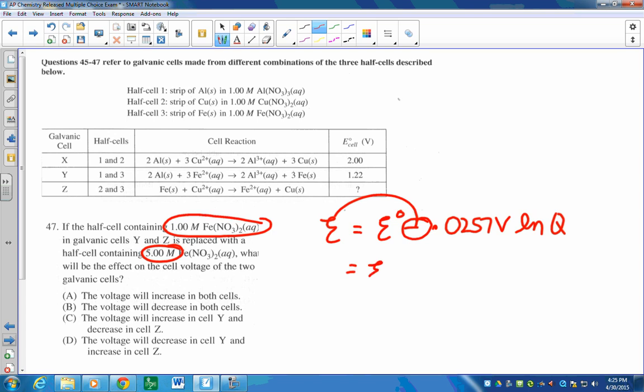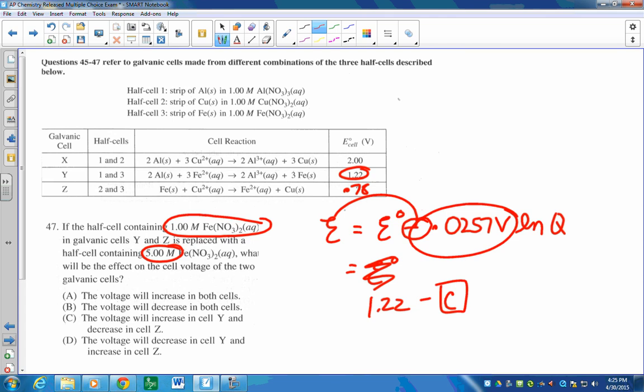The new cell voltage is the old cell voltage, and we know these numbers, but who cares? Let me do Y first. It's 1.22, because that's what E naught is, minus some constant that doesn't matter. It's actually 0.0257, but it's a constant that doesn't matter, because the question is asking us whether the voltage goes up or down.